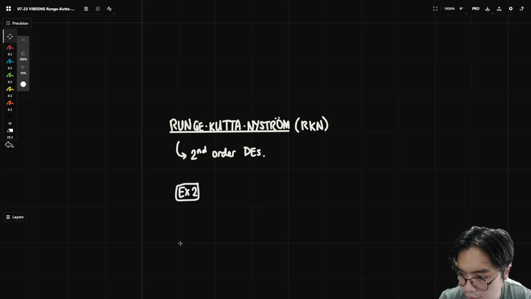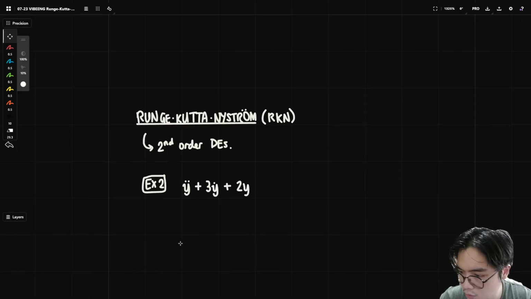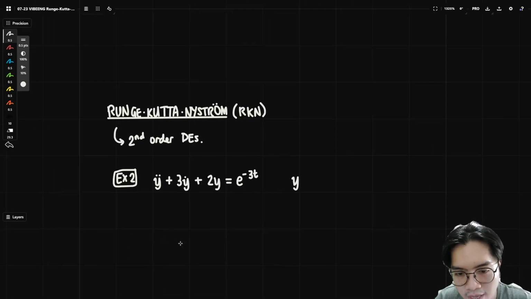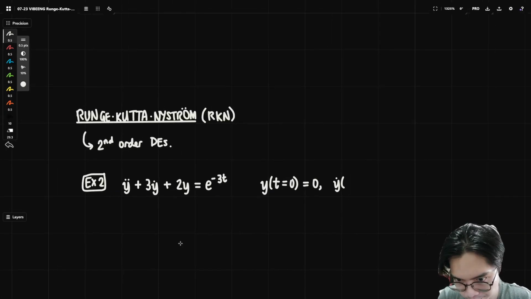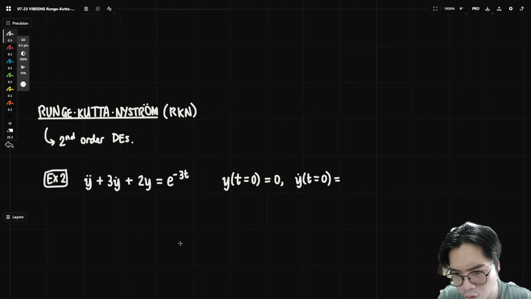We will have y double dot plus 3y dot plus 2y is equal to e raised to negative 3t. Okay. And let's say y at t equals 0 will be 0. And let's say y dot at t equals 0 will be, let's say, 2.